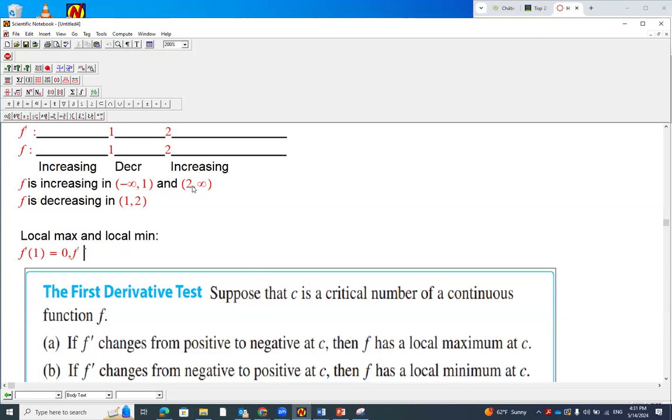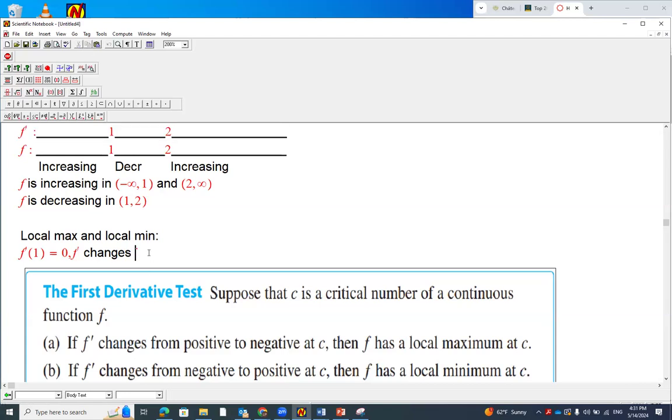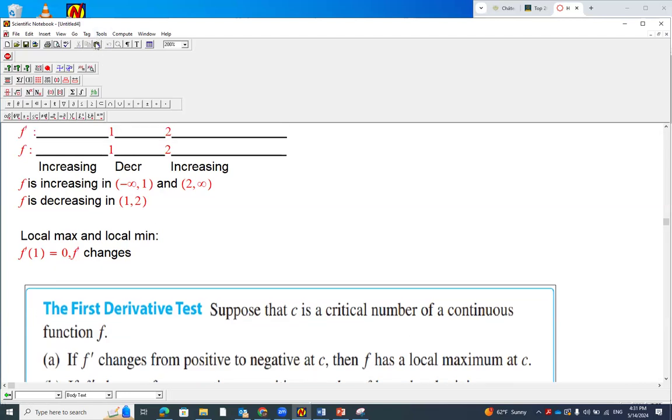You basically copy the words, okay? So changes from, left of 1, right of 1, right? We just need this piece. So I'm going to copy. I'm going to bring it here.